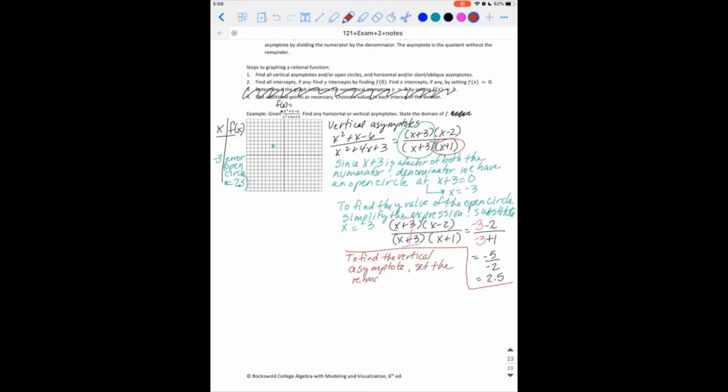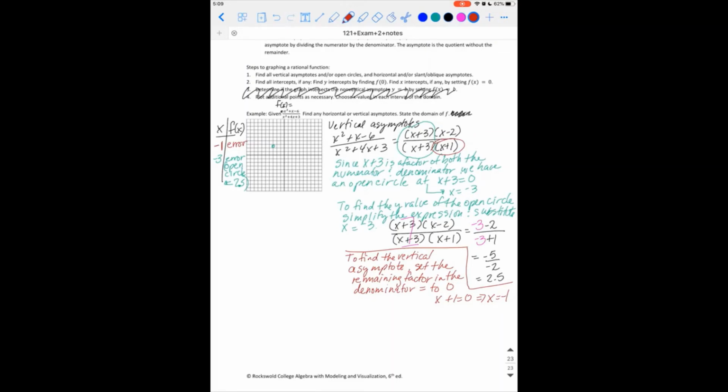Set the remaining factor in the denominator equal to 0. So that means I have x plus 1 is equal to 0, which means that x is going to be equal to -1. So at x equal to -1, I'm also going to have an error on my calculator.